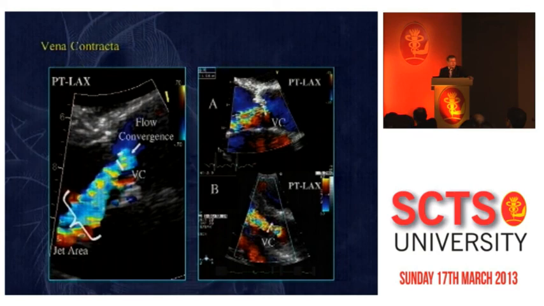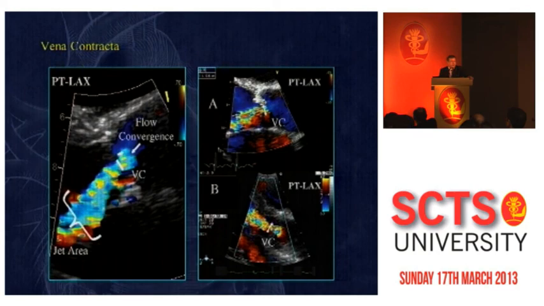But if you look at eccentric jets from the apex, the PISA is underestimating by about 30 to 40% the severity of the regurgitant volume, and this is completely corrected if you did that from a parasternal view. So you should be aware that if the assessment by your cardiologist is done only from the apex in eccentric jets, it's going to be wrong.